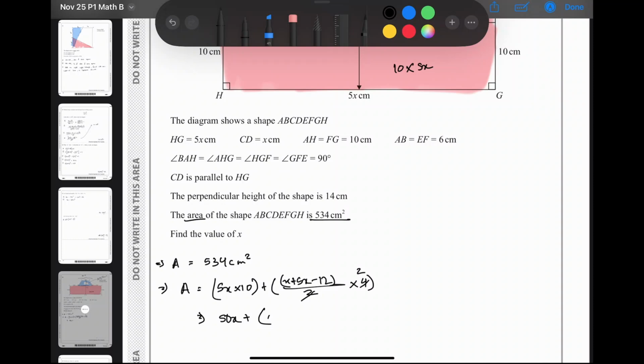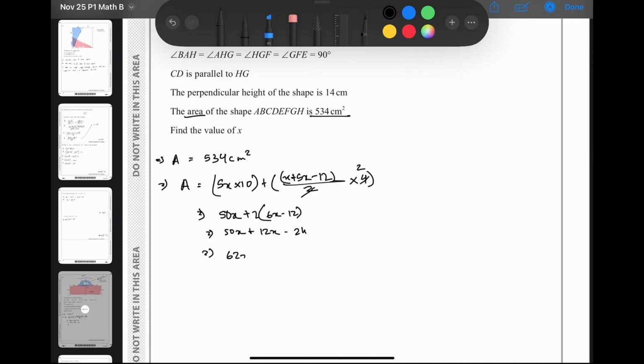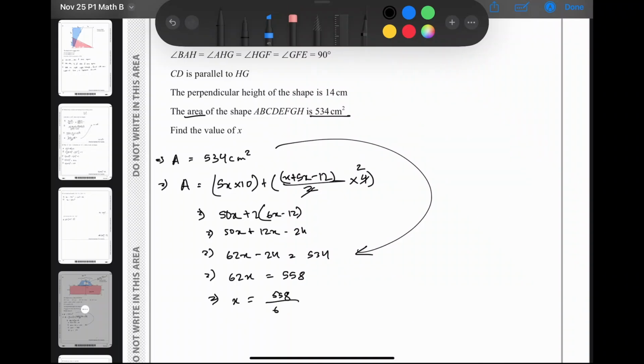Then we can simplify to get the value of x, which we get as 9.